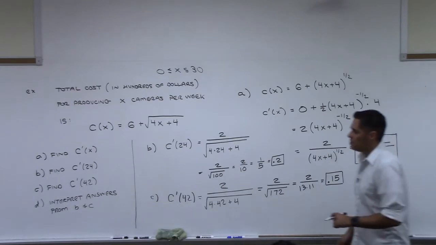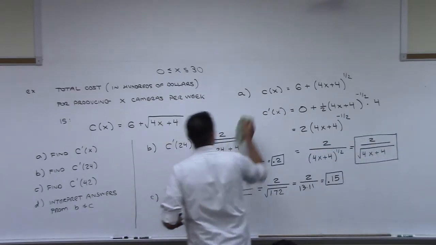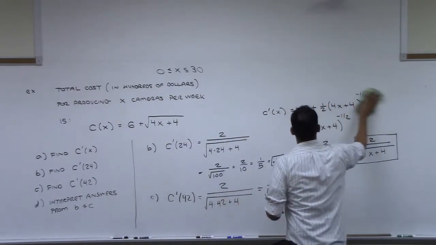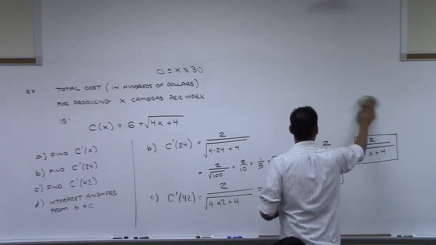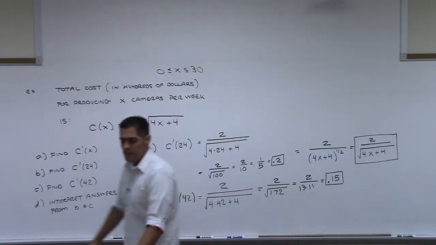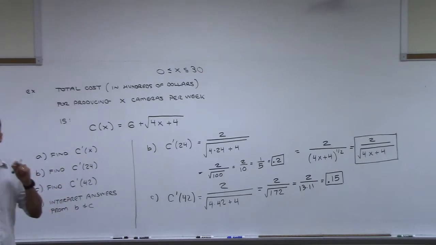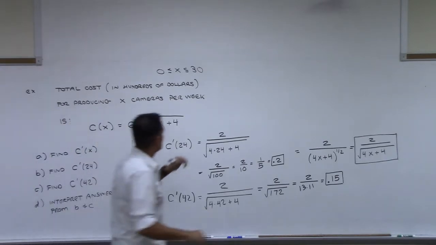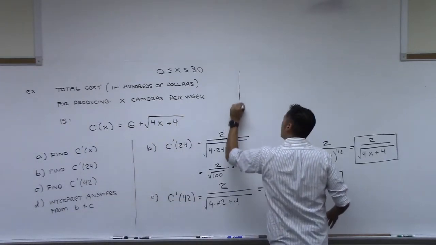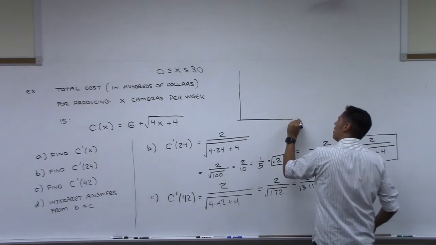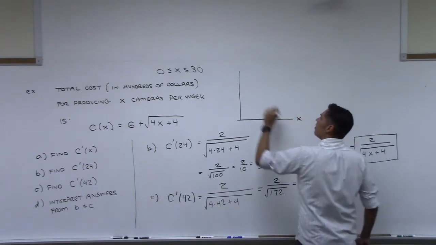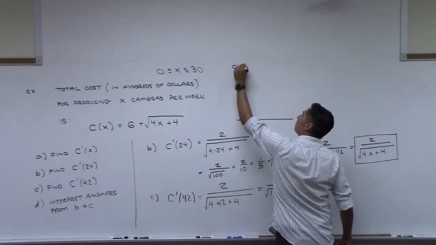Now, part D, let's interpret the results. What I'm going to do is try to help you understand this part by showing you a picture. Not a big picture, but we have a graph. We have x here, and we have C of x here.